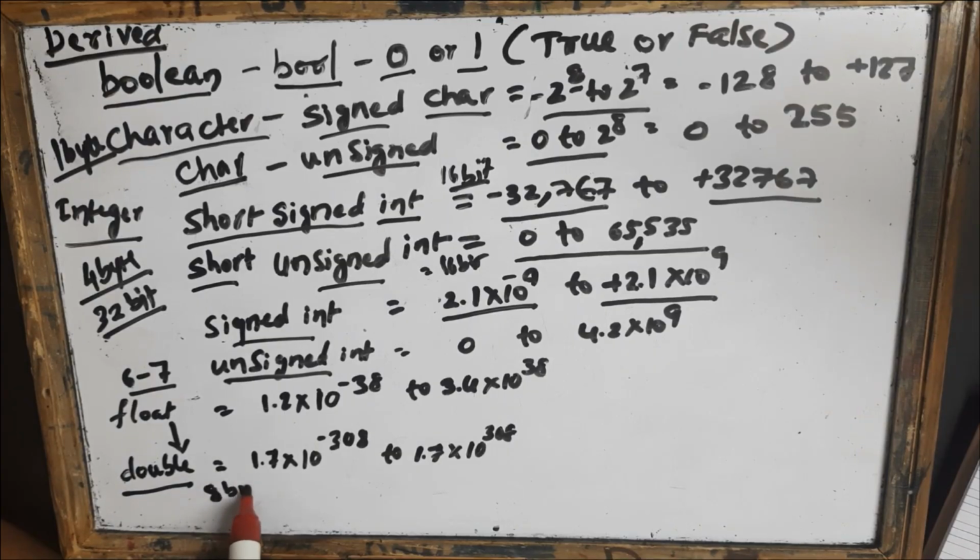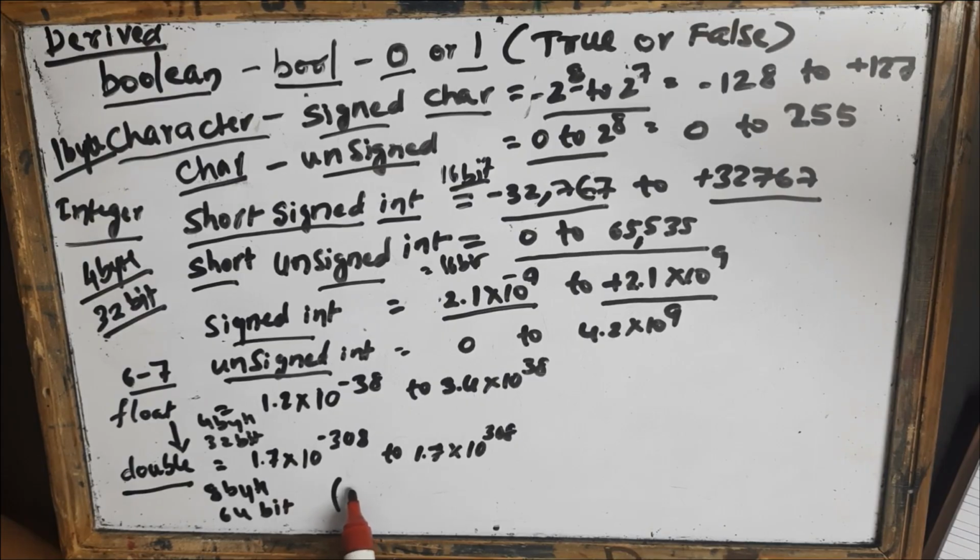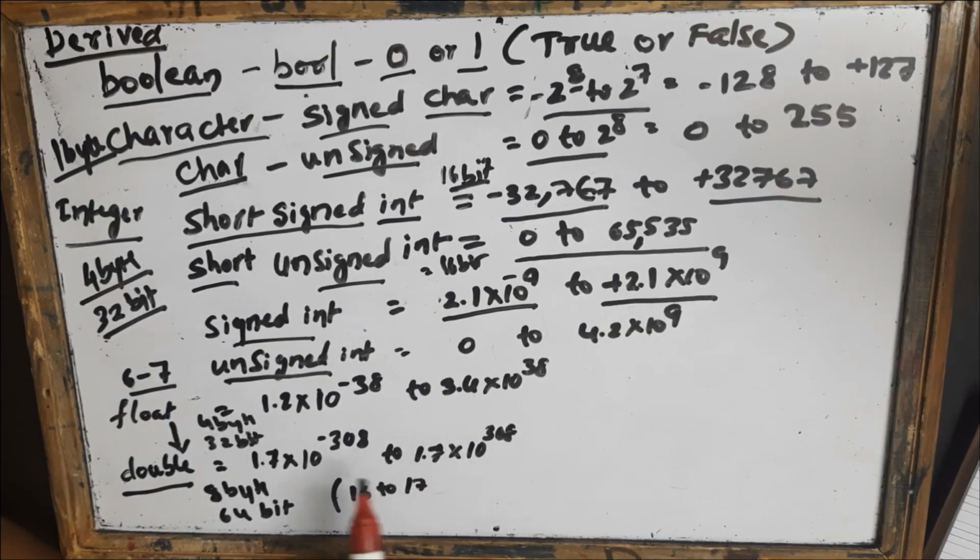This will be 8 bytes, that means 64 bits. And float is 4 bytes, again 32 bits. In this double, the floating point precision will be 16 to 17 precision points.